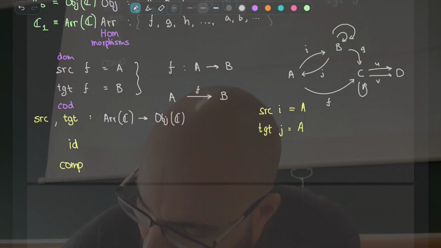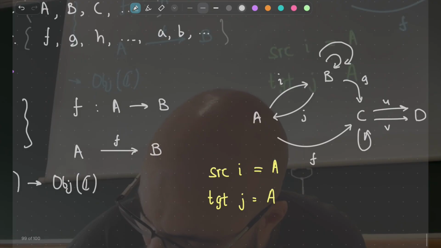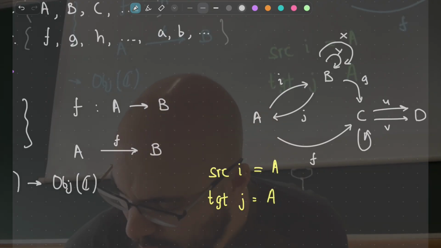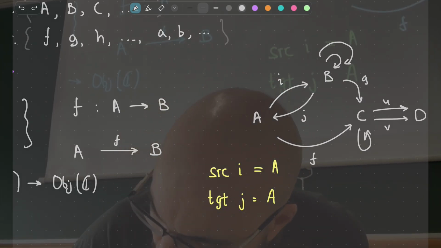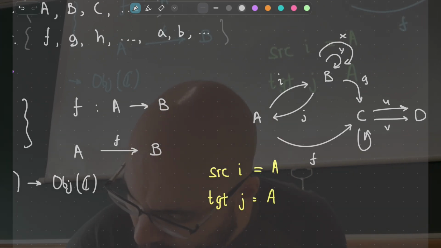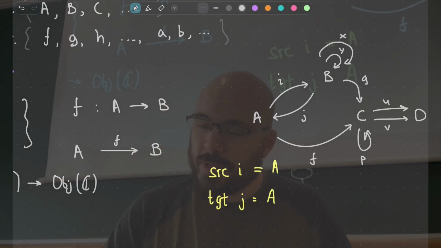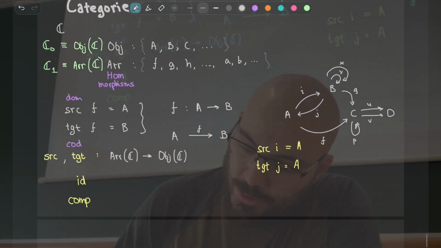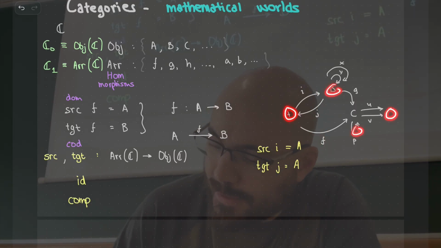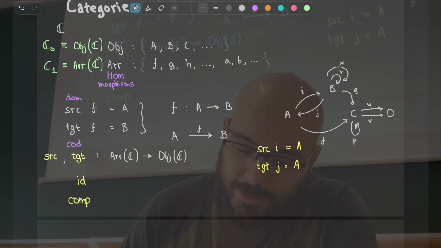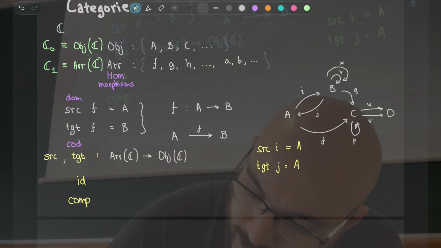Let's call them X and Y, and let's call this P. For each object I select, I get to ask the category to give me the identity of this object.